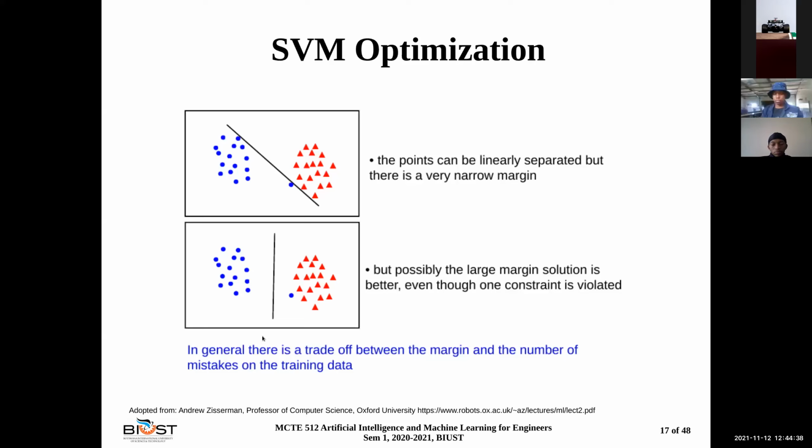If you do this, there's a large margin here, but this is not correctly classified. Well, I guess we can sacrifice this in order to maintain a large margin. For all we know, maybe this is just an outlier. So we can do this in order to have a possibly large margin, which is a better solution.